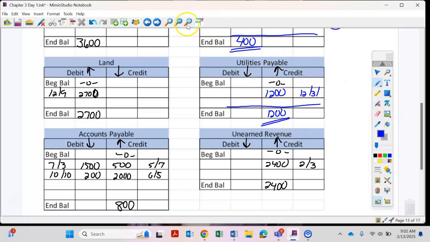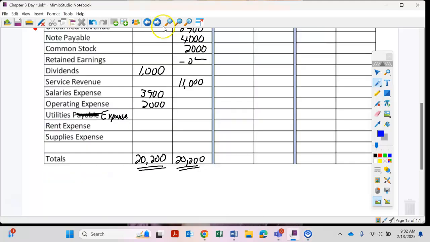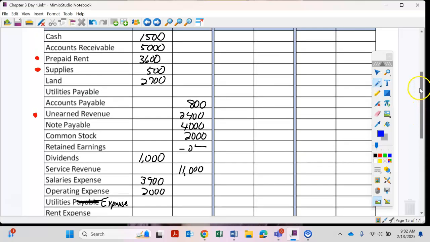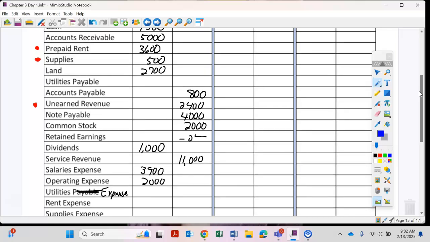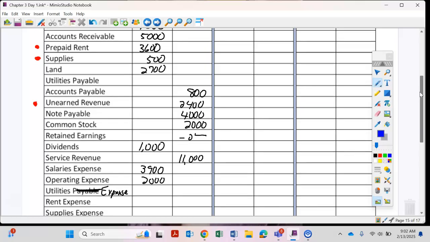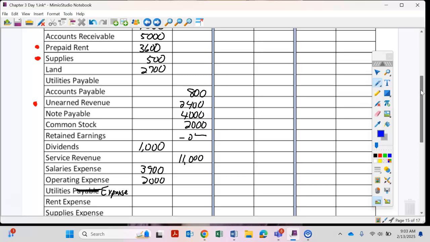Okay, so let's see, what have we recorded so far? We have recorded supplies, and then we still have prepaid rent and unearned revenue.